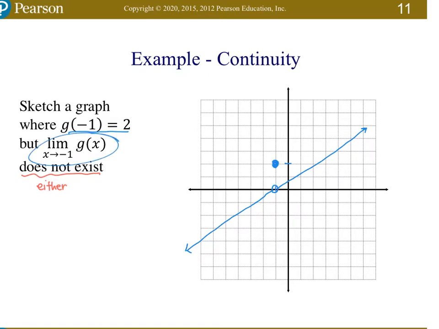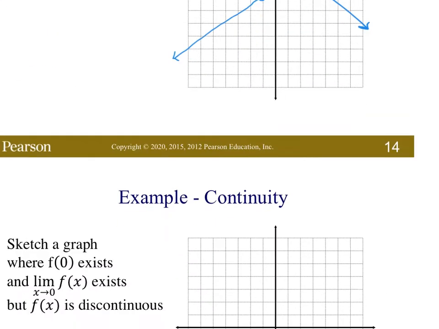The left and the right hand are approaching the same number even though the spot is off. So this would not necessarily work. I have to have some kind of a gap or a discontinuity. Okay, so I could maybe have my gap like this. Now I have a big gap and a removable, so that would work for this one. Okay, some kind of gap. So if the limit does not exist, that means you got to draw a gap or a jump discontinuity.